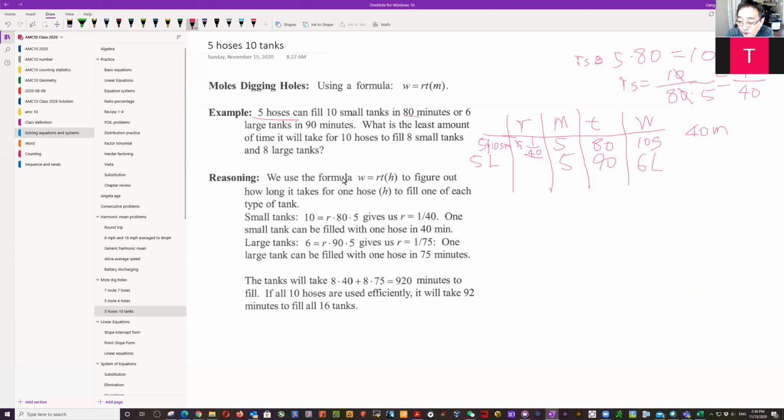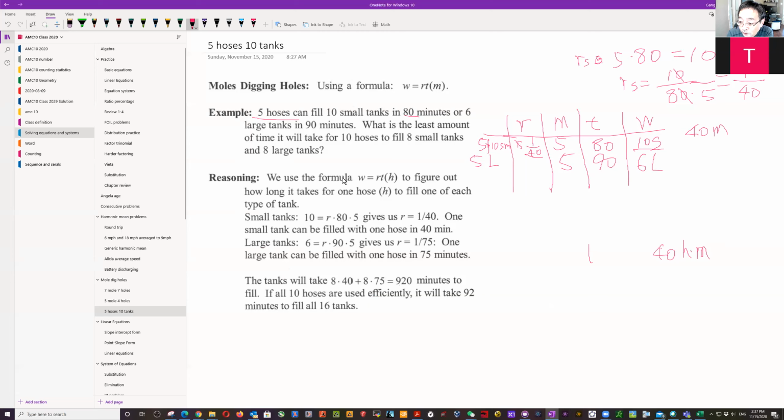So basically, the reciprocal of the rate is the amount of work defined for the small tank. So a small tank is like 40 hose minute.